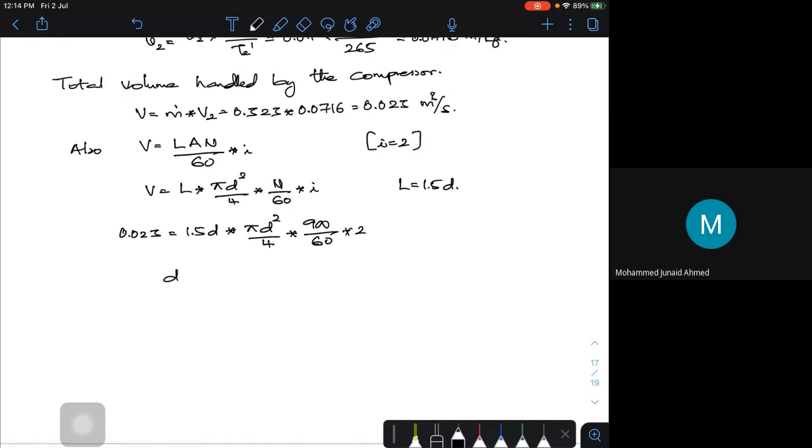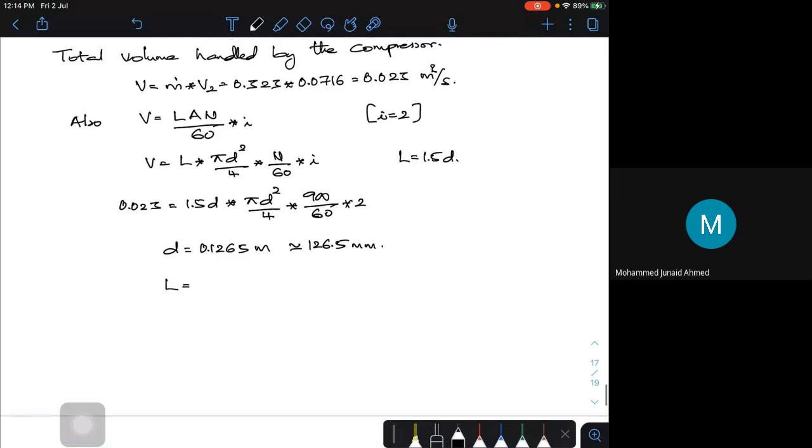Calculating, I'm getting D as 0.1265 meters or 126.5 millimeters. Then L is 126.5 into 1.5, which is 189.75 millimeters, your stroke length. So this is how you can calculate the things given in the problem.